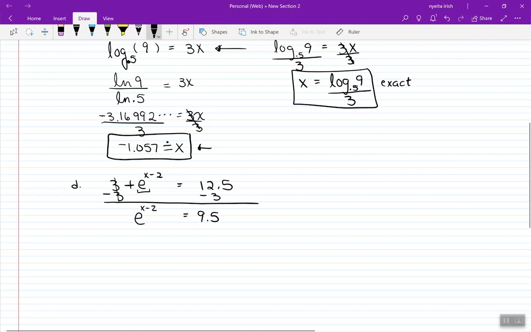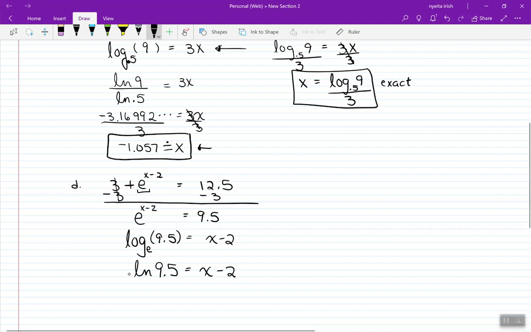Now that I have it by itself, I can go ahead and get rid of the exponential by taking a logarithm and rewriting it. Log base e, I'll take care of that in a minute, of 9.5 equals the power. Another name for log base e, remember, is natural log.